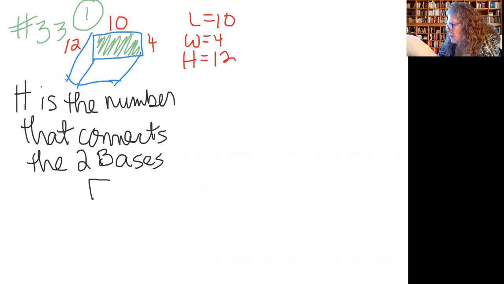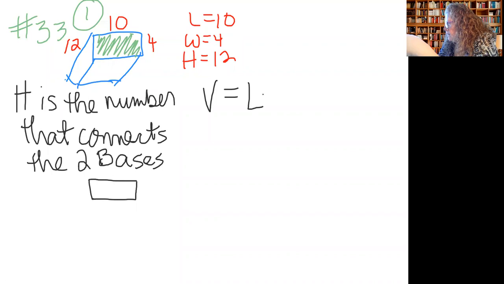And in this case, they're rectangles. So we know that the volume is equal to length times width times height. So put that in your calculator and tell me what you get.